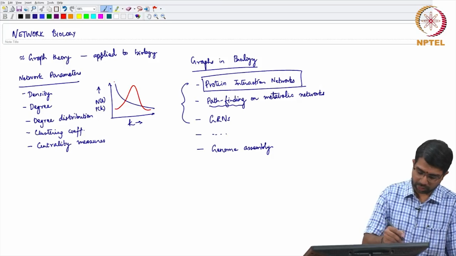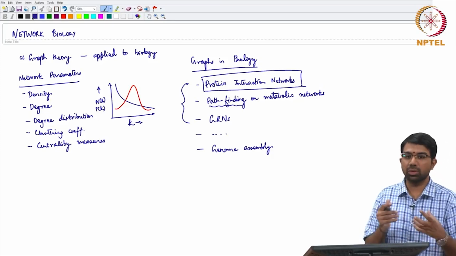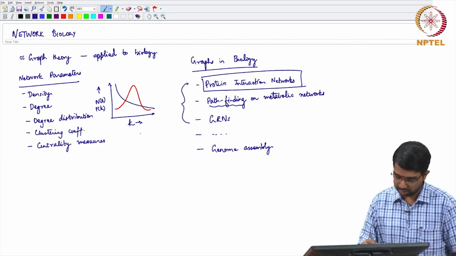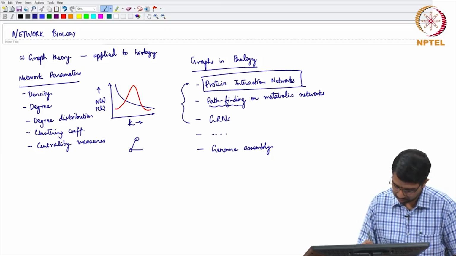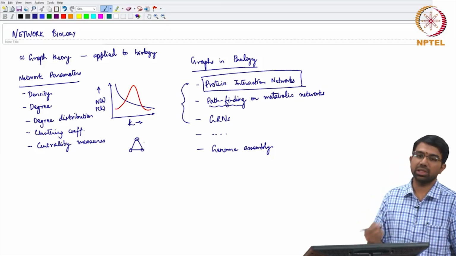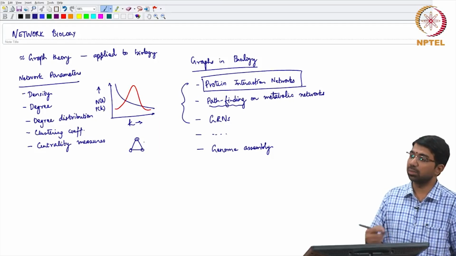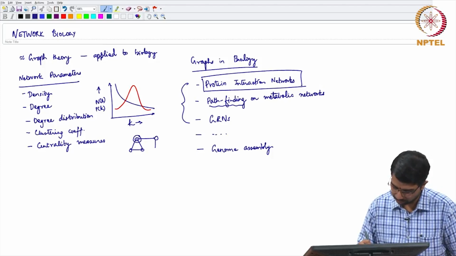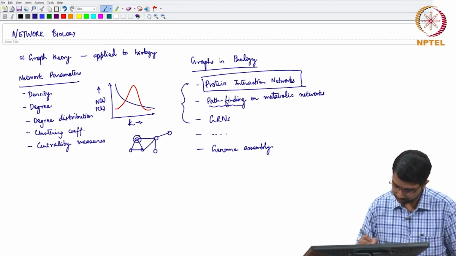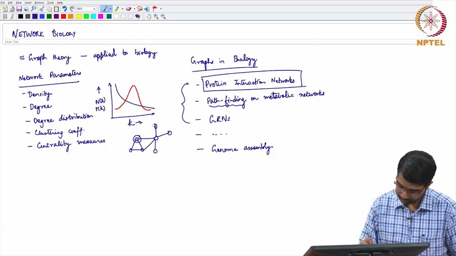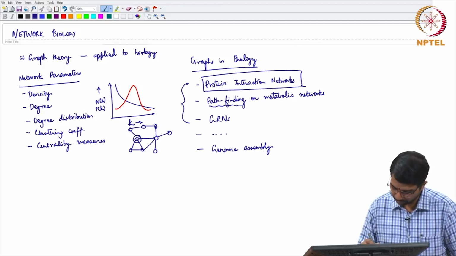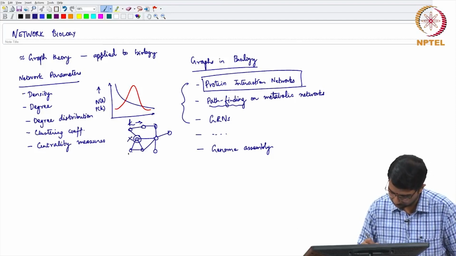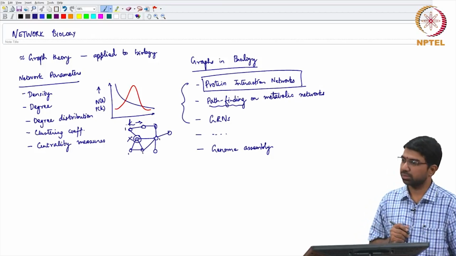What is clustering coefficient? It tries to measure how clustered the network is, and the simplest cluster is this. It essentially counts the number of triangles in the neighborhood of a particular node. So, if this is a node and it is part of a bigger graph, you find that this node x has 1, 2, 3, 4 neighbors.